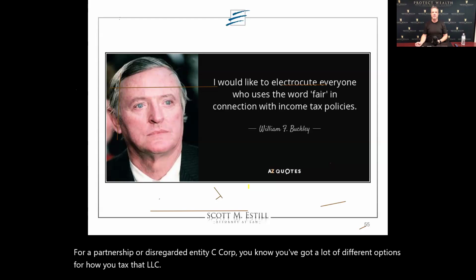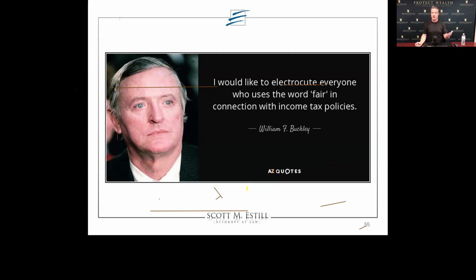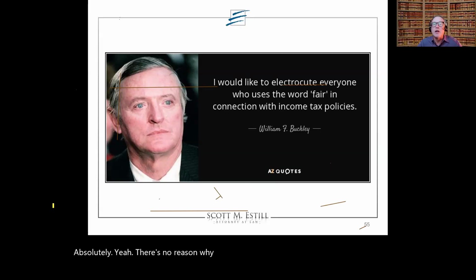Yeah, you're right. If something goes wrong with the investment, it's nice to have the LLC give you a little bit of protection. And if you're looking at other options for funding, maybe a self-directed IRA or something of that nature, right, Scott? Absolutely. There's no reason why you can't do this in an IRA.